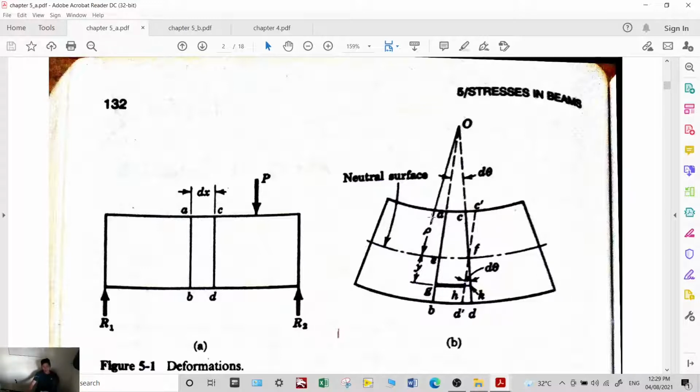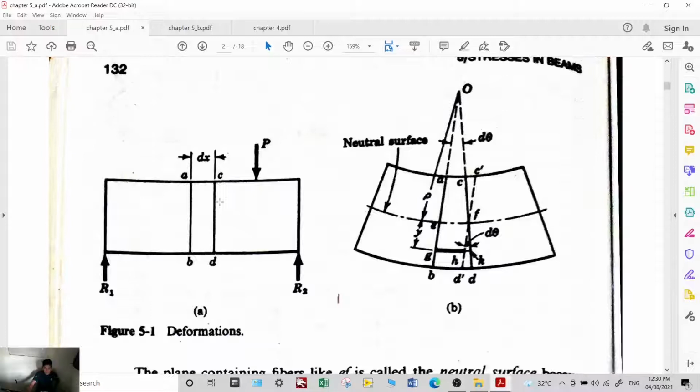So imagine that this is the beam. If we cut a portion, this section A, B, and C, D, the length of this is small dx.